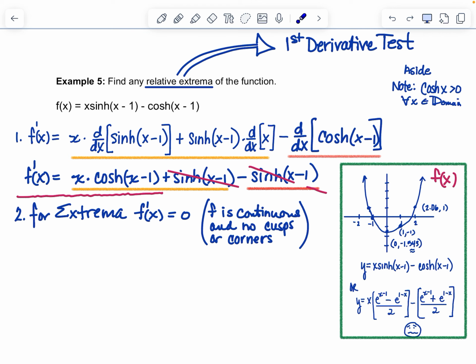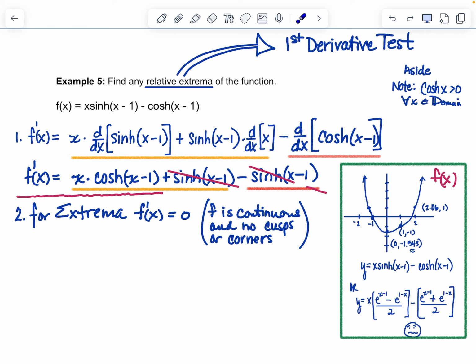If you want to find the relative extrema, the first step is to find the derivative. So we go ahead and get the derivative. You use the product rule on the first grouping, and then you have the derivative of just the cosh. What's interesting is that you take your derivative and get off to the races with the product rule, first times derivative of second plus second times derivative of first.